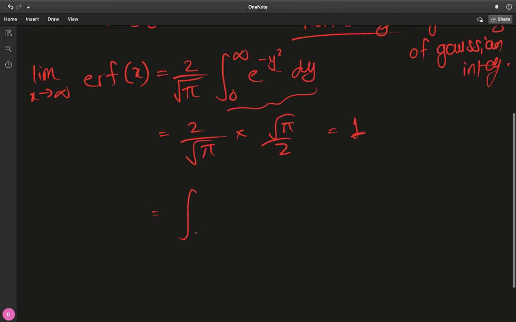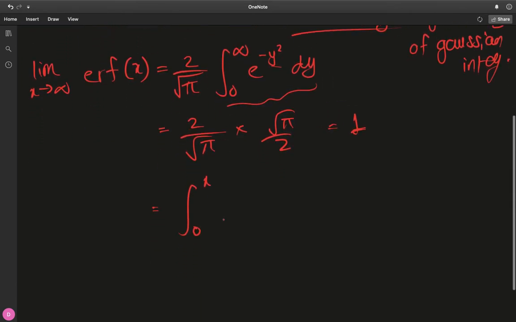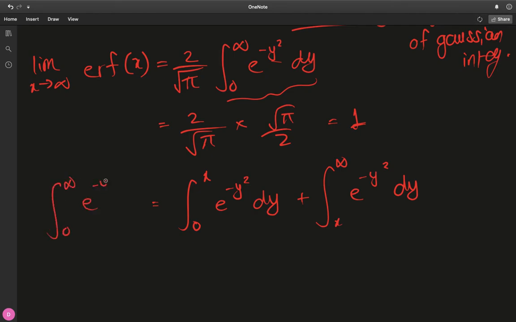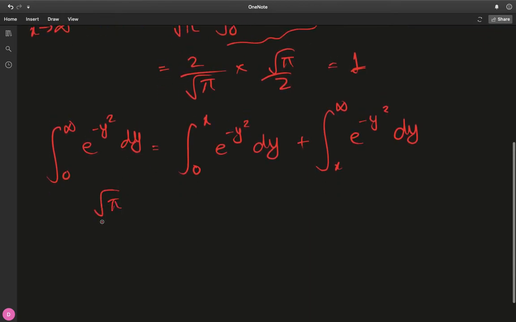So say you have the integral from 0 to x of e raised to minus y squared dy, plus the integral from that x to infinity of e raised to minus y squared dy, and this by linearity of integrals is just the integral from 0 to infinity of e raised to minus y squared dy. This is going to be square root of pi over 2.